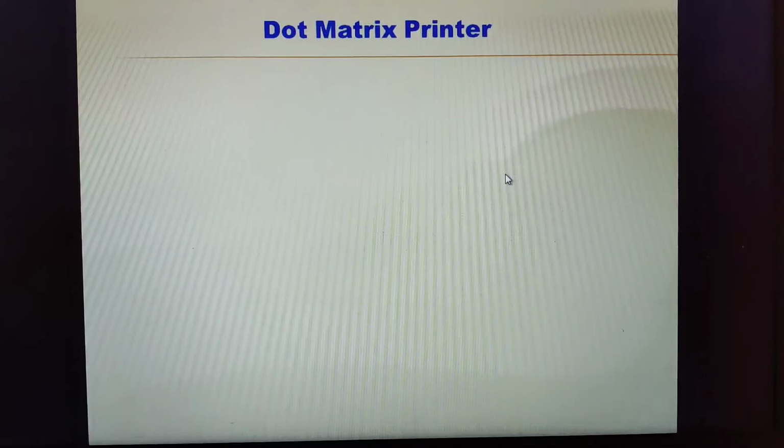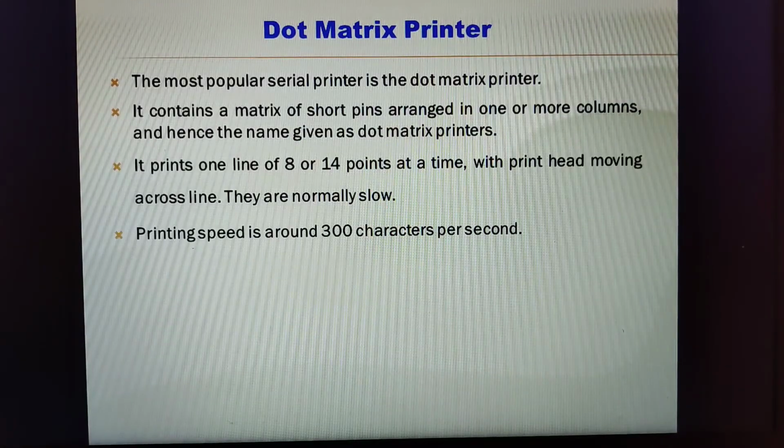I hope you are able to understand the concept of the dot matrix printer. You can see here one example: this is your railway reservation platform ticket. If you observe, whatever content you are seeing, these are not lines.